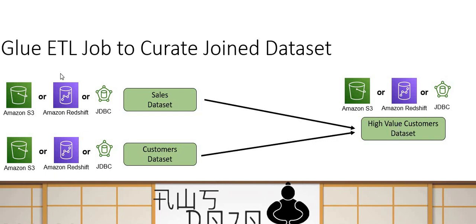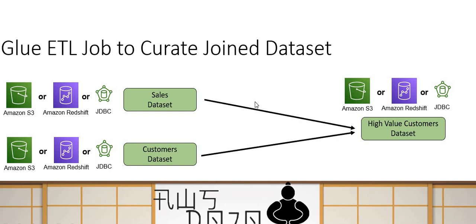Now, the purpose of this screen is to show you that your data sets need not be in the same data location. So for instance, your sales data could be in any of these locations, like an S3 bucket or Redshift or JDBC, and this is just an example. The data set could be in locations beyond these. Similarly, the customers data set can also be in one of these three locations.